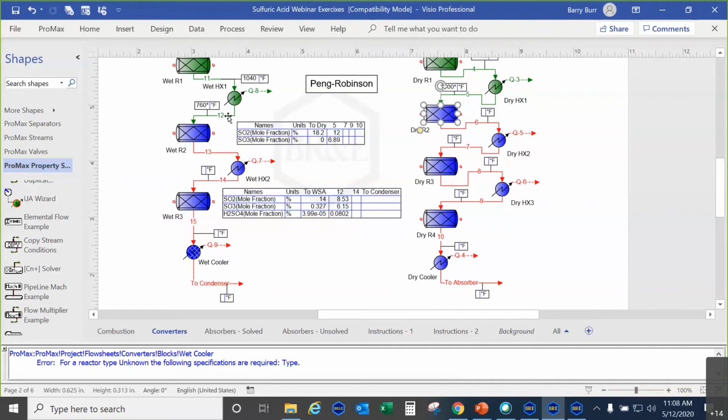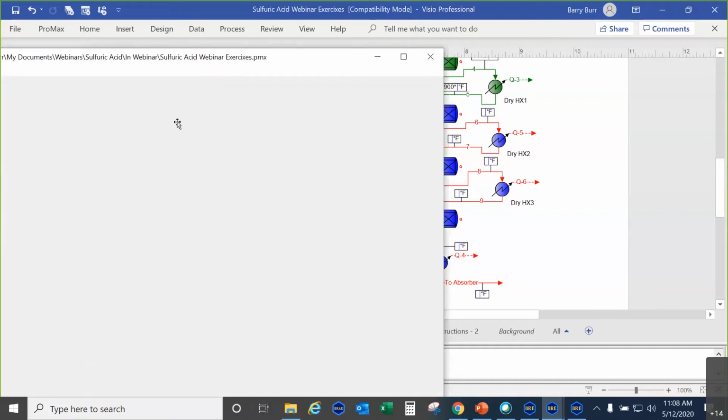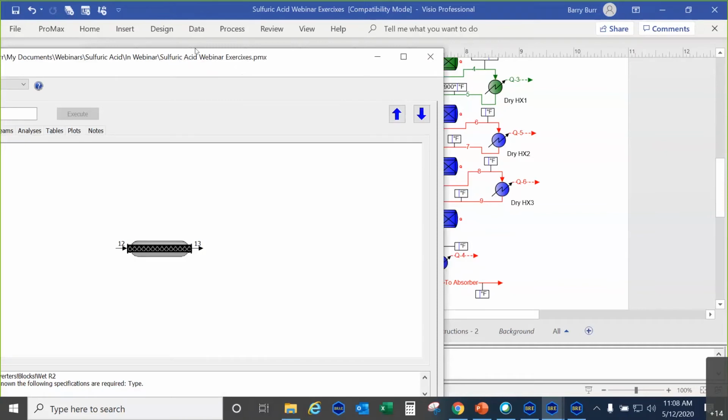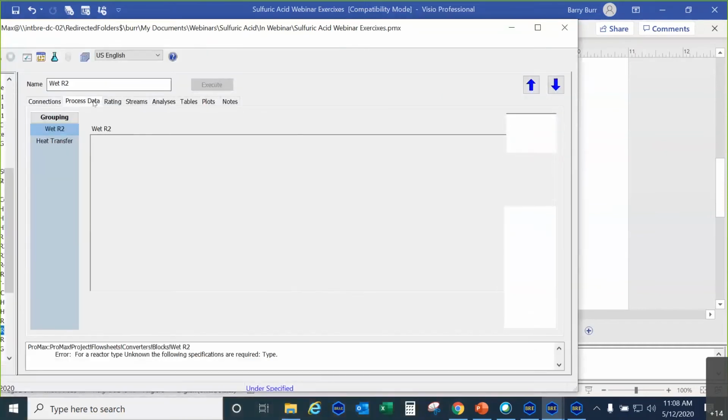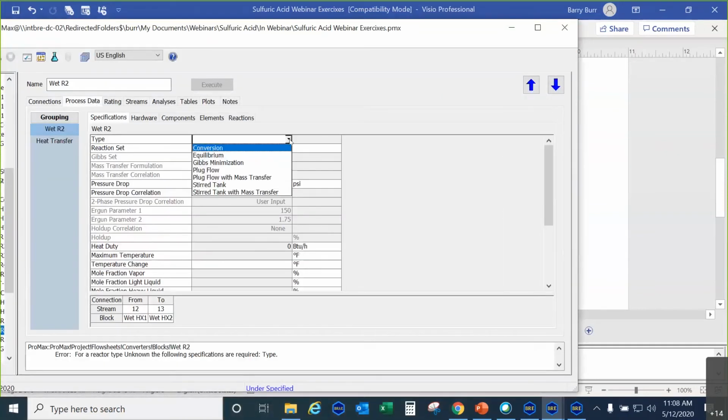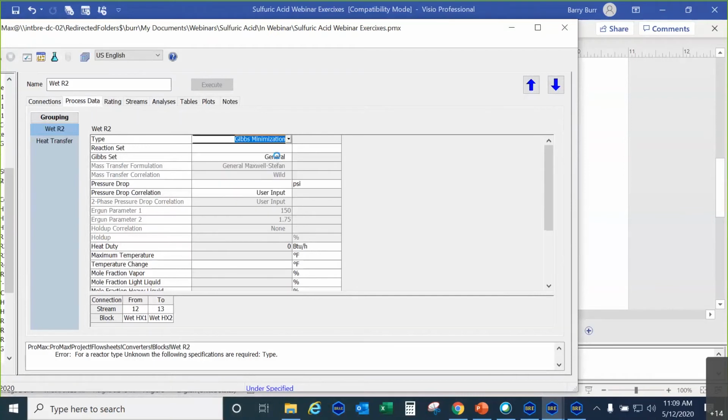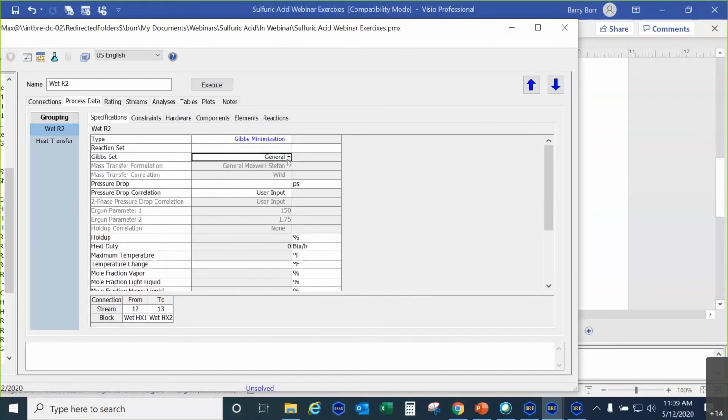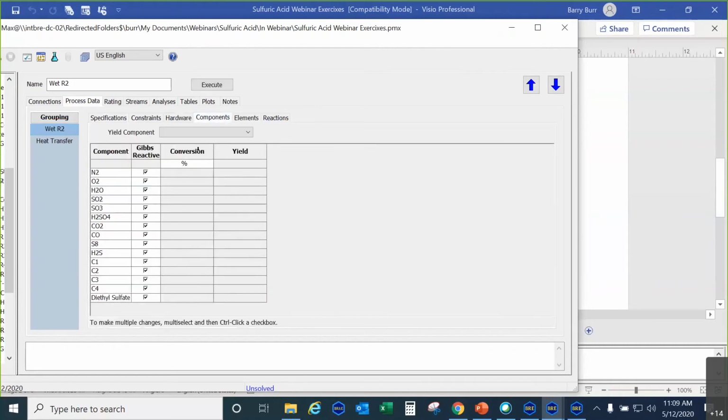So let's configure this first reactor. First, we need the reactor type to be Gibbs minimization. The Gibbs set is general, and the components are going to be oxygen, water, SO2, SO3, H2SO4.